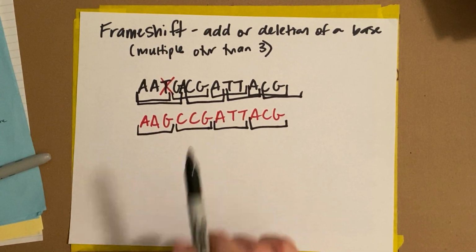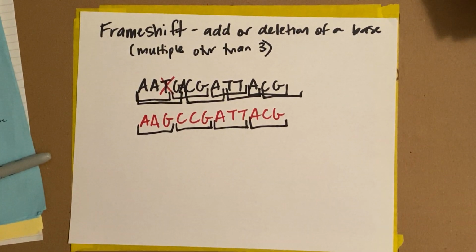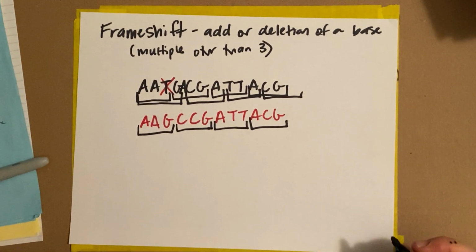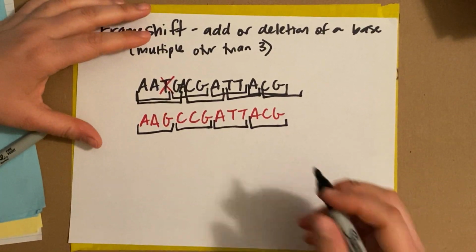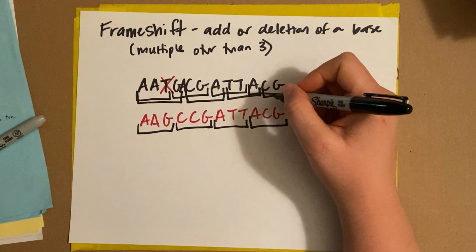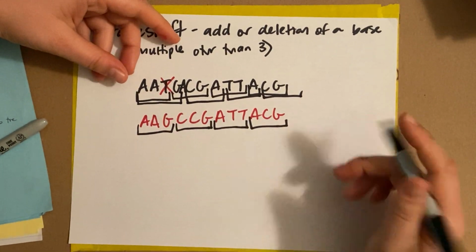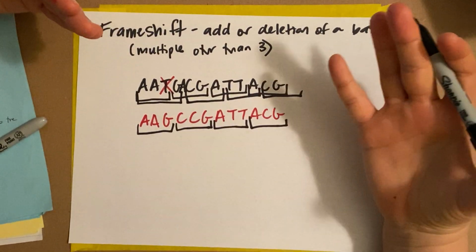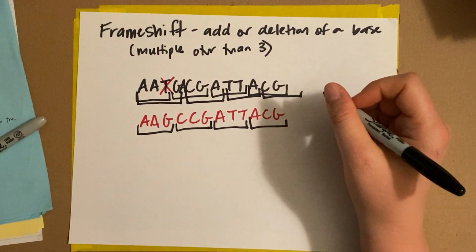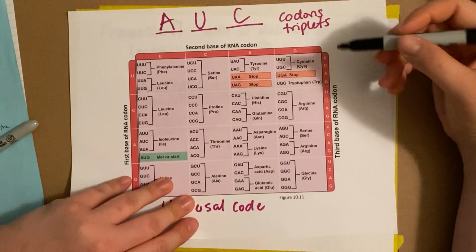Another type is when you have something called a nonsense mutation, where a stop codon is prematurely put in. Okay, and so if you have, for example, a sequence where there shouldn't have been a stop codon, but there has been an error, and the codon turns into one of these stop codons, it's going to prematurely stop.